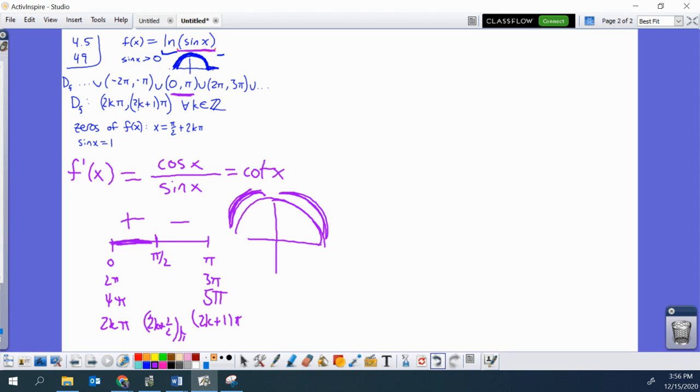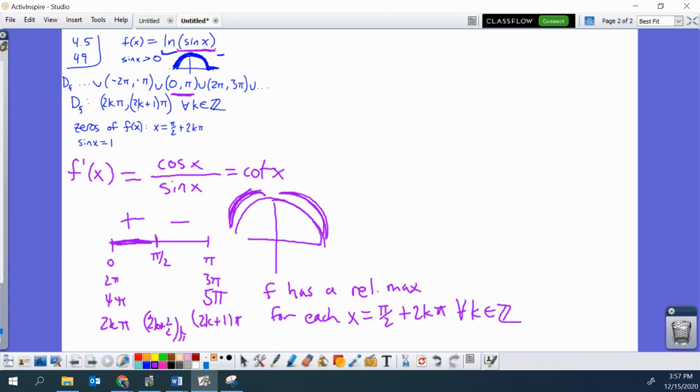And that means f is going to have relative maximums at all of those pi over 2 points. So f has a relative max for each x equals pi over 2 plus, again, 2k pi for all integers k.